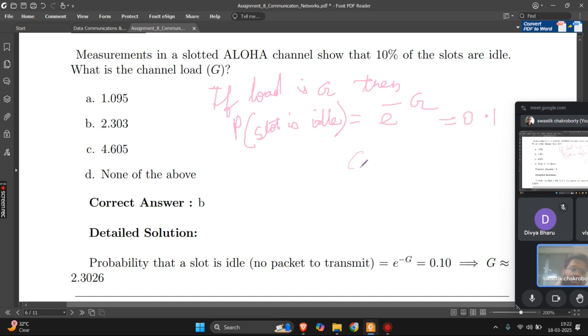So e to the power minus G is 0.1. So G is minus ln 0.1, or ln 10. Ln 10 is 2.303. So the correct answer is 2.303. So G is equal to 2.303.